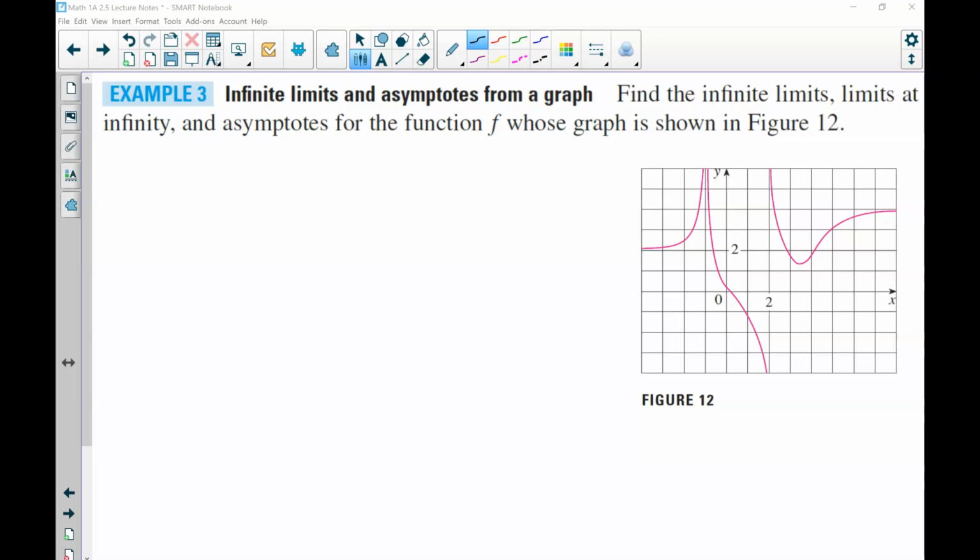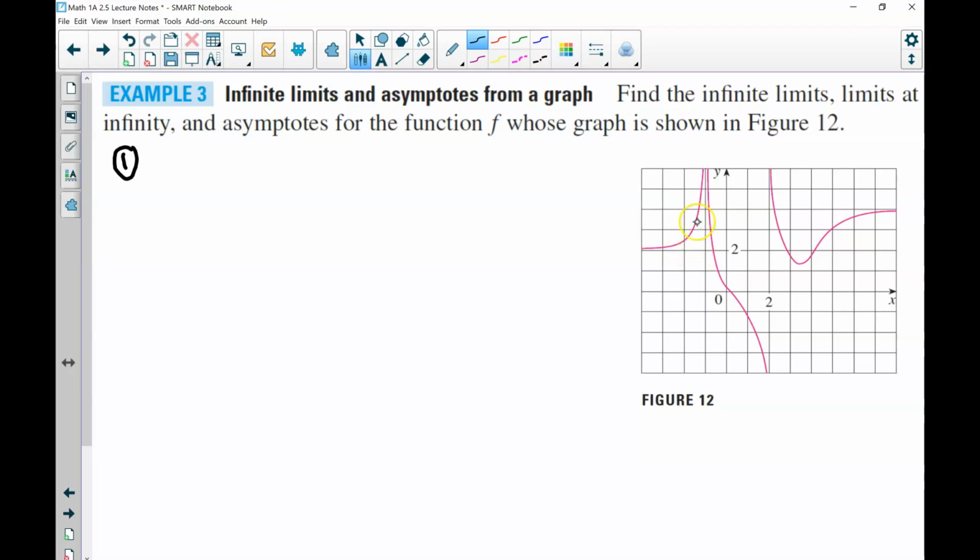Now, for example number 3, we're discussing infinite limits and asymptotes from a graph. We want to be able to find the infinite limits, the limits at infinity, and the asymptotes for the function f whose graph is shown in the figure. Let's start on the left.